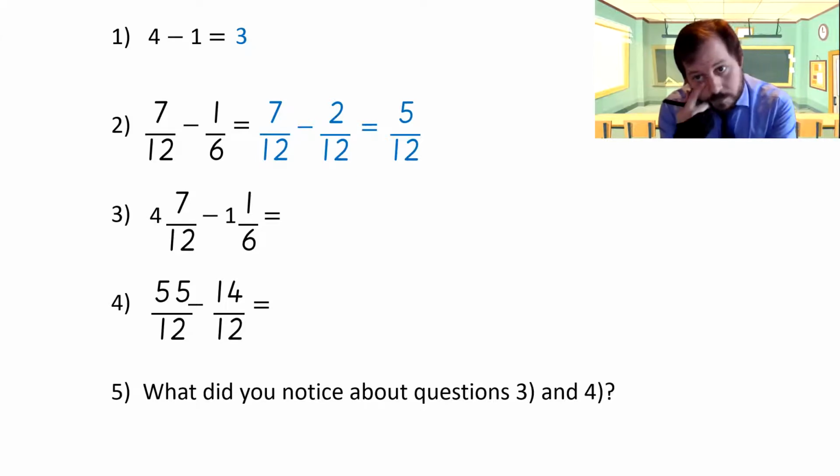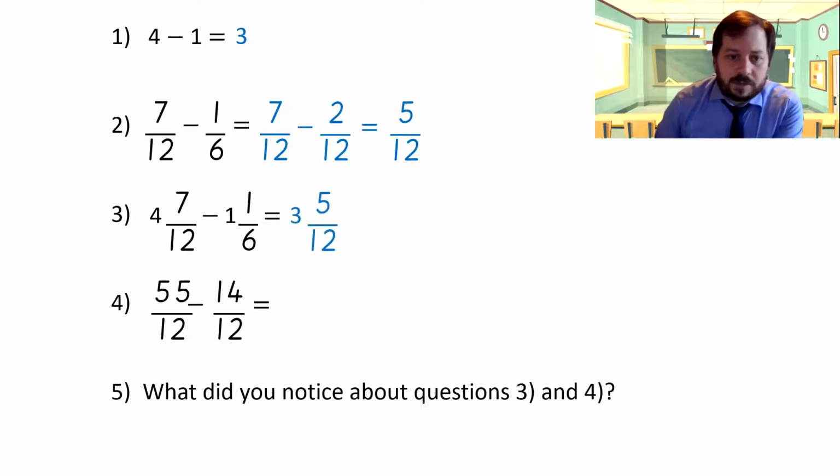This is just both of questions 1 and 2 combined, so we can do the same thing as before. We do 4 minus 1, which is 3, and then 7/12 minus 1/6, which is 5/12. So our total answer is here.